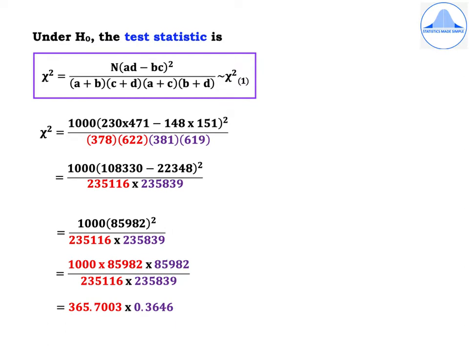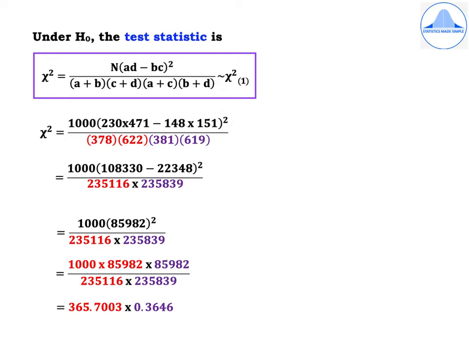Simplifying further, we get 1000 into 85,982 square divided by 2,35,116 into 2,35,839.